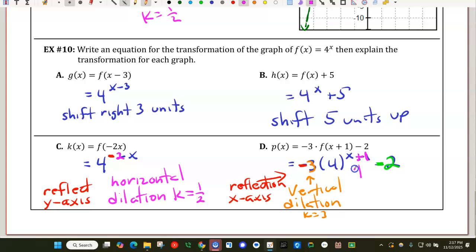And we have a horizontal shift 1 left. And then we have lastly, a vertical shift. Down 2.